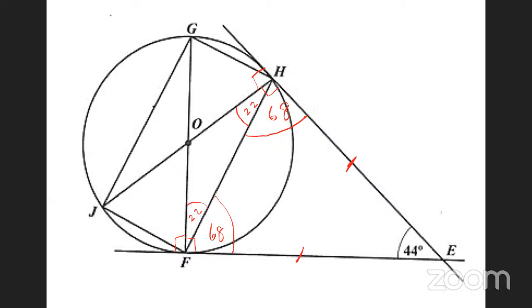You're seeing that? And if those two are 22, then how much is here? Triangle, right? All the angles in the triangle sum to 180. So 180 minus 44. How much is that? 136. Oh, yeah, I just worked that out. 136.